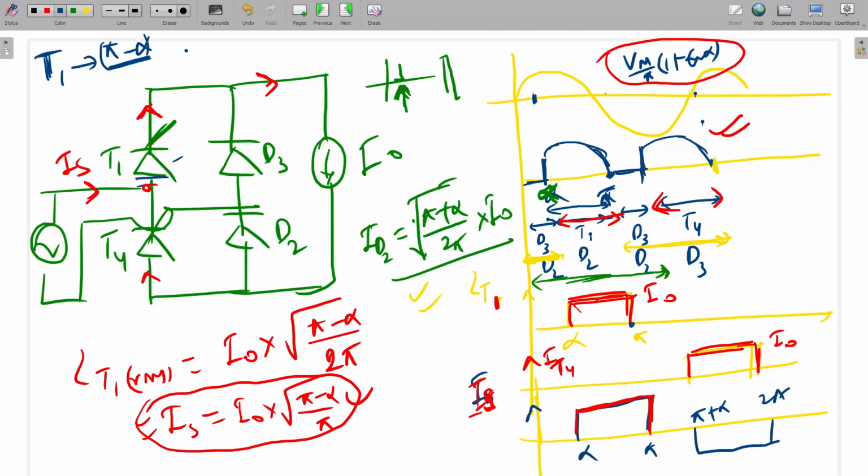Here you can see, it is conducting from alpha to pi, this thyristor T1. For thyristor T1, the firing angle is alpha. The conduction angle is the conduction duration, so it conducts from alpha to pi, and we can say that pi minus alpha is the conduction angle. And extinction means the point at which the current becomes 0, so that is pi. Is it clear?